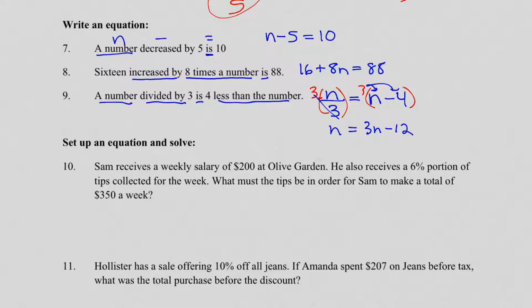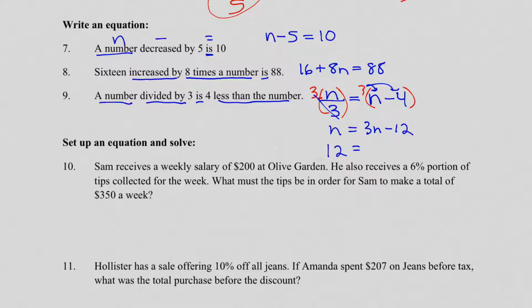And then we want to move the variables to one side. What I can do is move this 12 to the left. So negative 12, if I move it to the left side, when I cross that equal sign, is now positive.